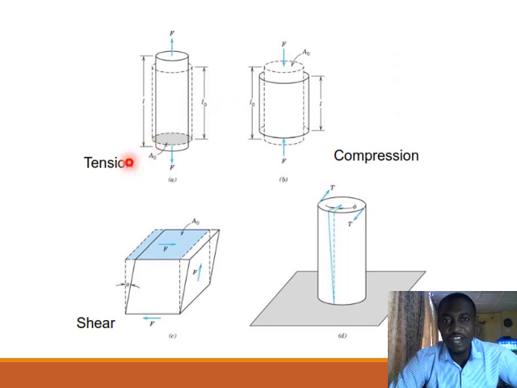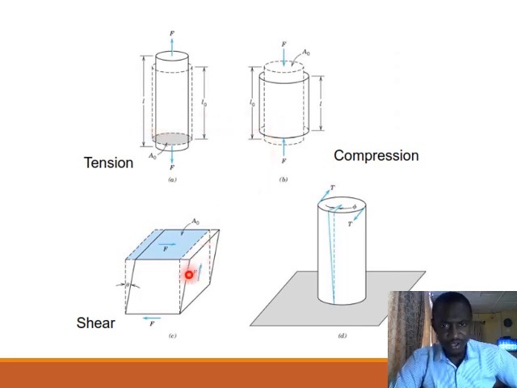While the tensional load will cause elongation, the compression will cause a reduction in the length of the material. But these two, as you can see, have the forces applied perpendicular to the surface area upon which you are applying the load. So you have what is called, in this case, a normal stress, which is in the form of a tensional and compressive loading.